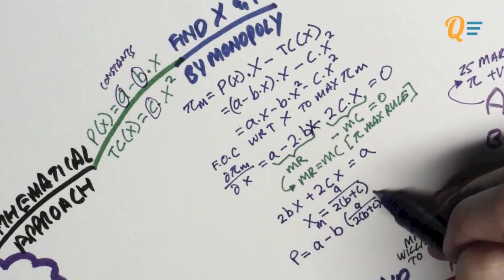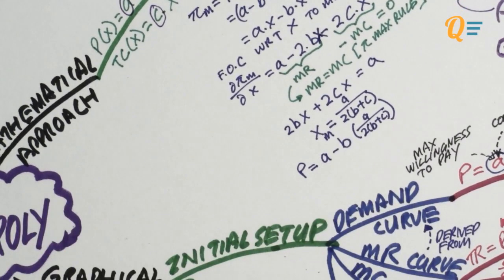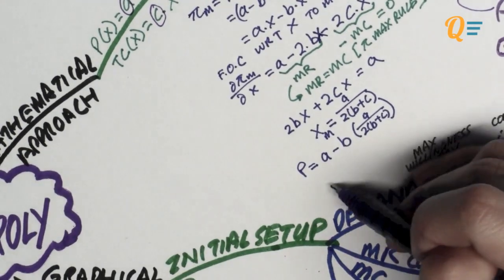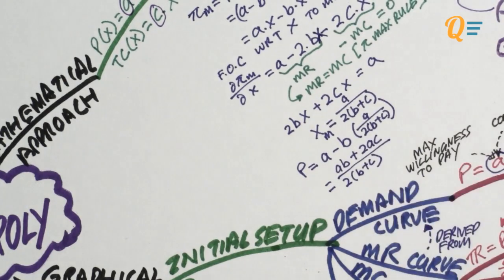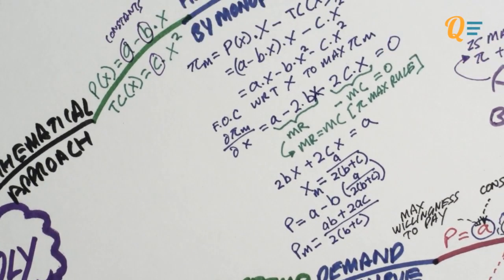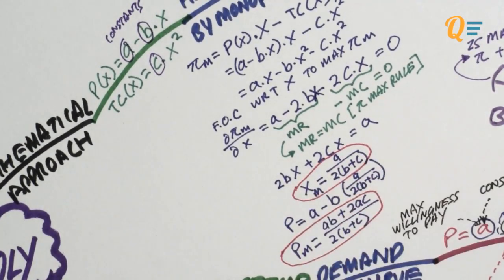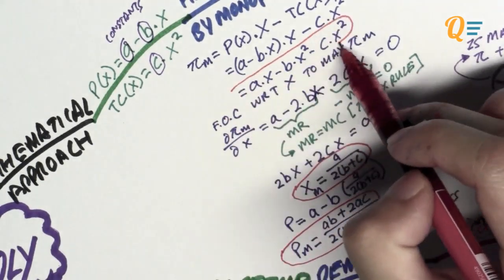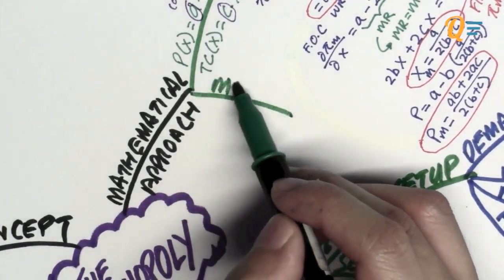So I take the demand function and substitute the quantity inside it, and basically I'm just going to skip the steps here, and what I should get is this algebraic expression over here. Okay, so that's the monopoly price. So now that I've got this and this, I can actually find the profits of the monopoly in terms of the constants using the quantity of x produced.